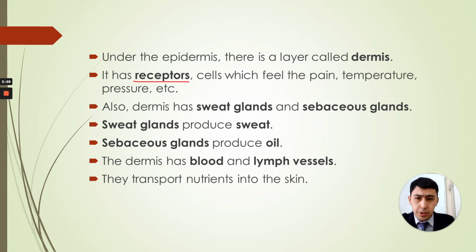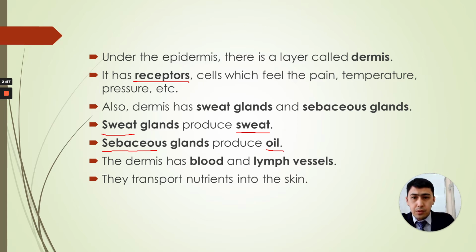Mechanoreceptors may feel the touch. All those receptors are located in the dermis layer. Then we also have sweat glands and sebaceous glands in the dermis. The function of the sweat gland is to produce sweat, and the function of the sebaceous glands is to produce oil. So the skin can produce both sweat and oil.